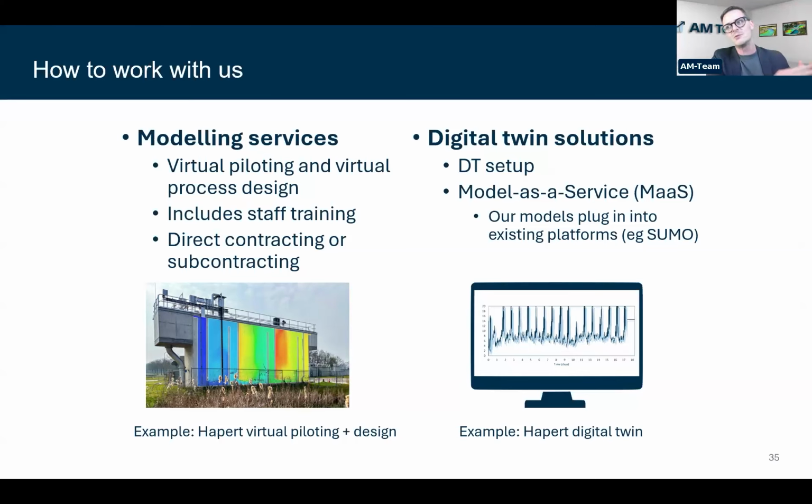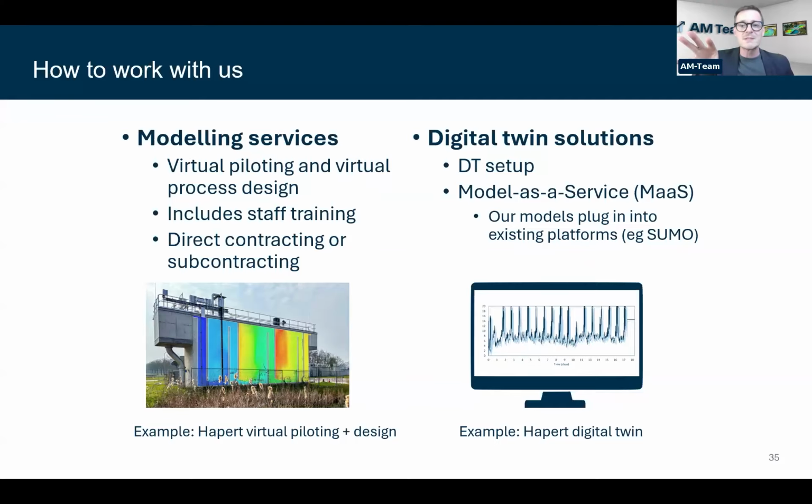But when the model gets to the final destination as a digital twin, we also have another model, which is we license the model as a digital twin model. And this is what we call MaaS, or model as a service, because we plug into existing platforms. One platform we have been using a lot for AMOZONE is Sumo, and you have seen Jessica running a demo in Sumo. So this is all possible.